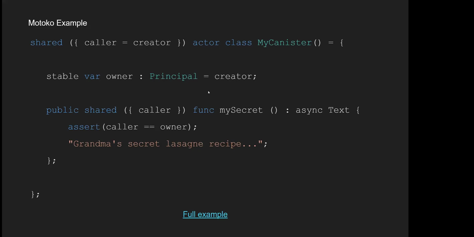Then on a function which we expose publicly, mySecret, which holds on to grandma's secret lasagna recipe, we want to make sure that only authorized people can get the output of this method. So we assert that the person calling this function is the owner, and now we have very simple access control in place.